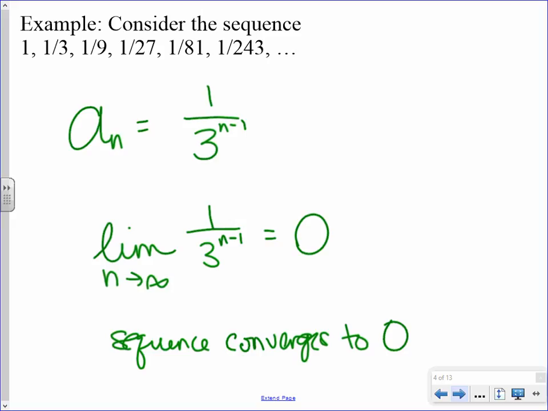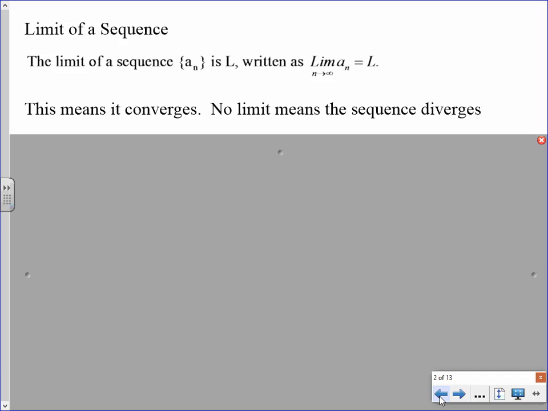Okay, is the converse true? Okay, basically we said that if the limit exists, then that means it converges. Okay, so what if the limit doesn't exist?